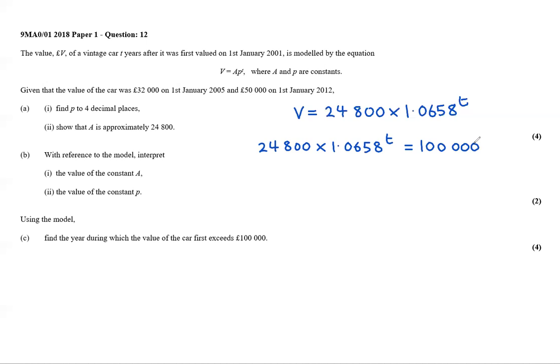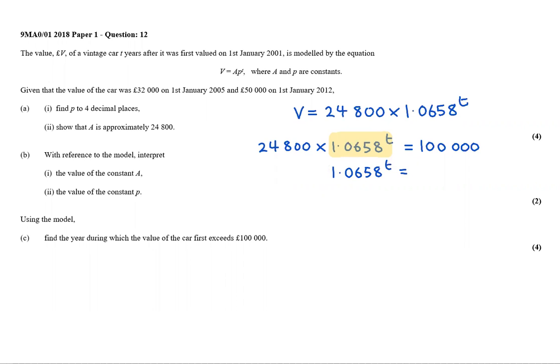At the moment, I've got the 1.0658 to the power T, so I need to solve for T at some point. I also have this 24,800 multiplying it, so I'm going to divide both sides by 24,800 first of all. So this is going to give me 1.0658 to the power T.